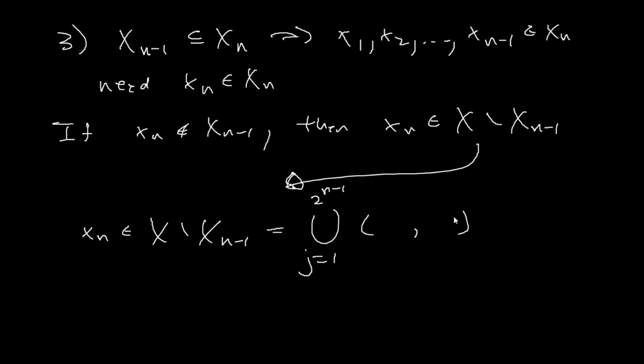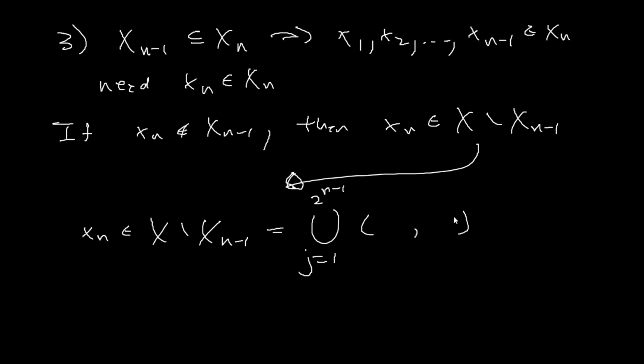And since we're choosing for each open interval the least possible xm, so the least m such that xm is within the given interval, we're bound eventually to get to an open interval that contains xn.